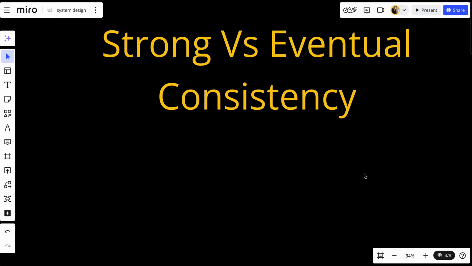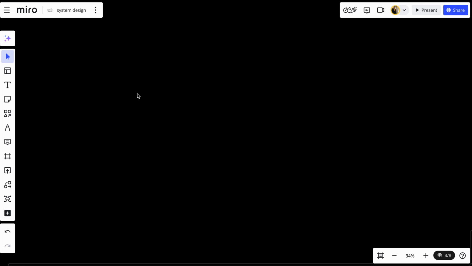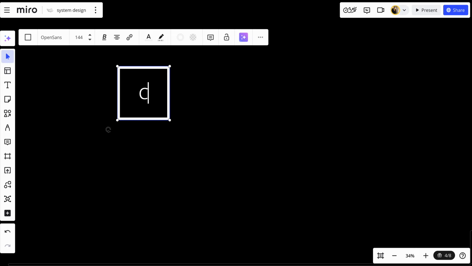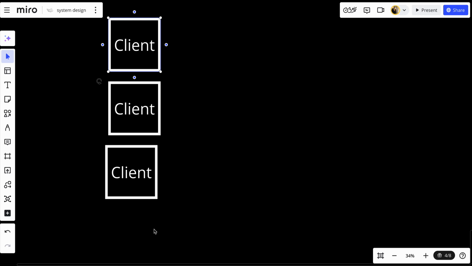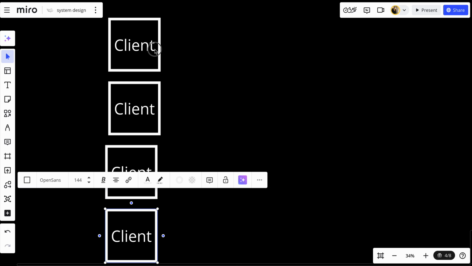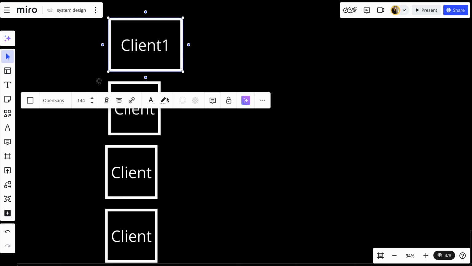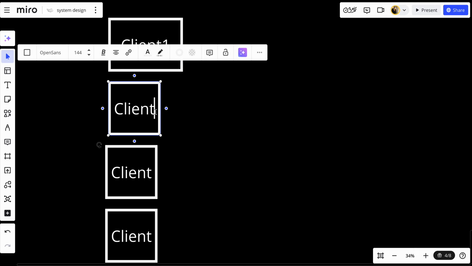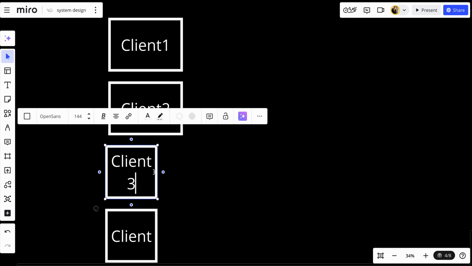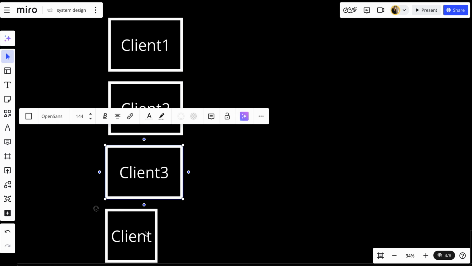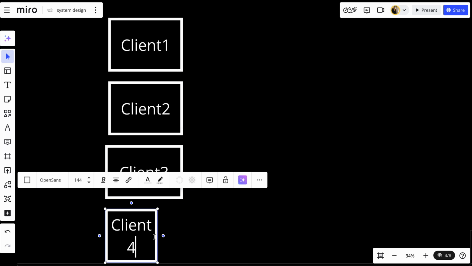So let's start by talking about an example, and in this example we'll try to understand what each one of them means. So let's say that we have multiple clients. We have four clients: client one, client two, client three, and client four.